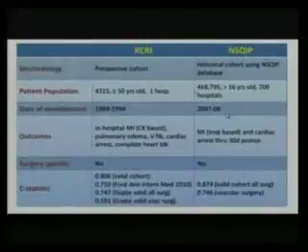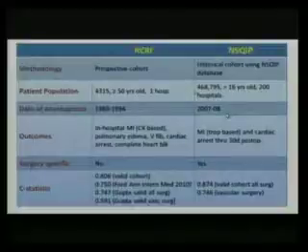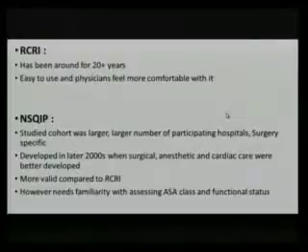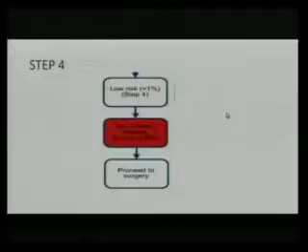Compared to that, RCRI was developed way back from 1980s and 1990s data. But again, as I said, the ACC-AHA doesn't really recommend one over the other so far. So you're basically free to pick and choose one. Just get used to it and try to use it each time you have to perform a perioperative evaluation.